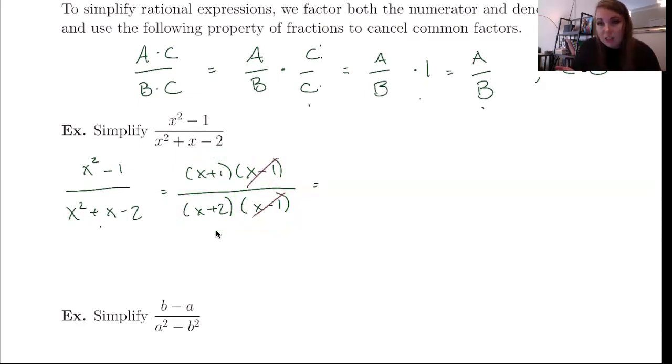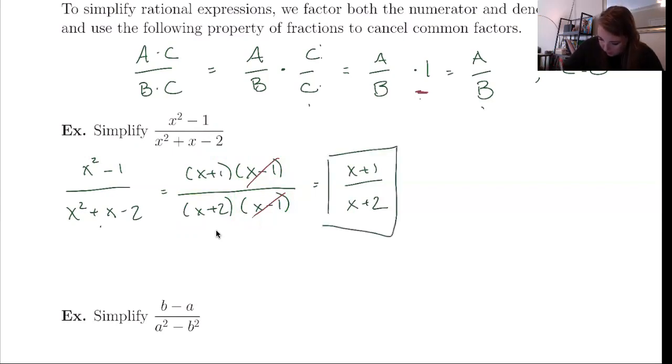They're actually canceling each other out to create 1, like we see up here, and then 1 times anything is just itself. So that leaves us with x plus 1 over x plus 2. Beautiful. I'm going to box my answer, and we're done.